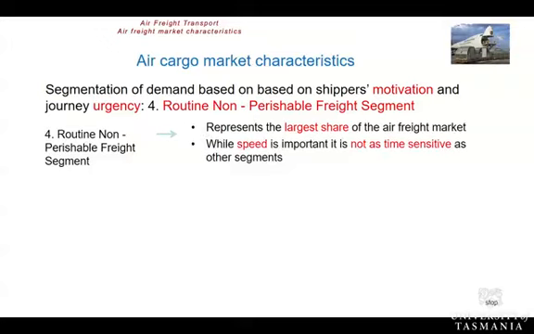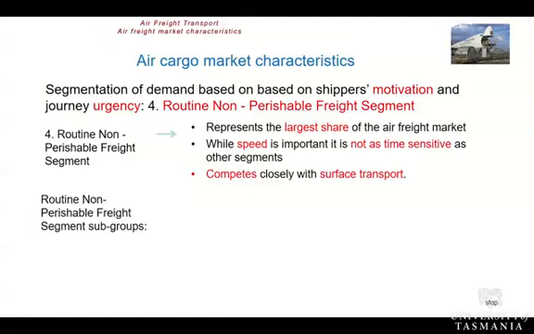Speed is important, but it's not as time sensitive as those other segments. And it also competes most closely with surface transport in the same way that perishables do.